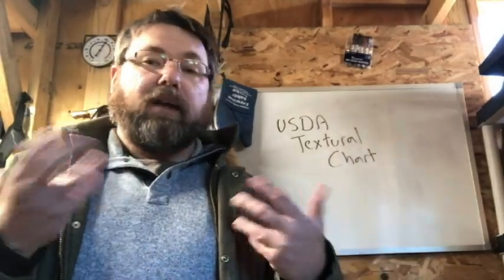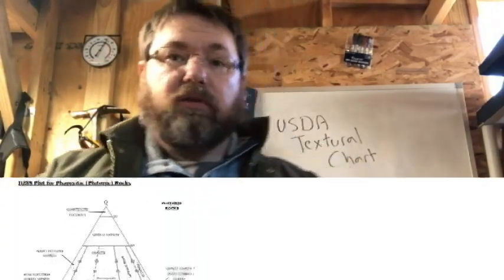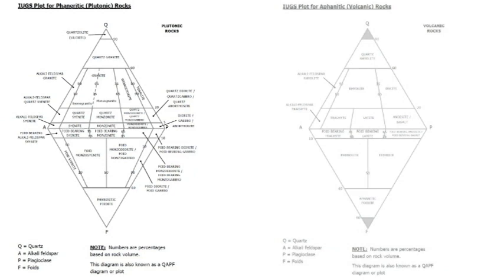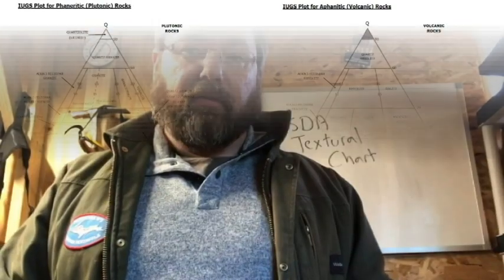There are essentially 2 QAPF diagrams we work with. We work with a plutonic version, which is rocks that are crystalline to the naked eye. And we work with the aphanitic rocks, which have no crystalline structure or consistent crystalline structure visible with the naked eye. There is an official line to put, but generally that's what they are.